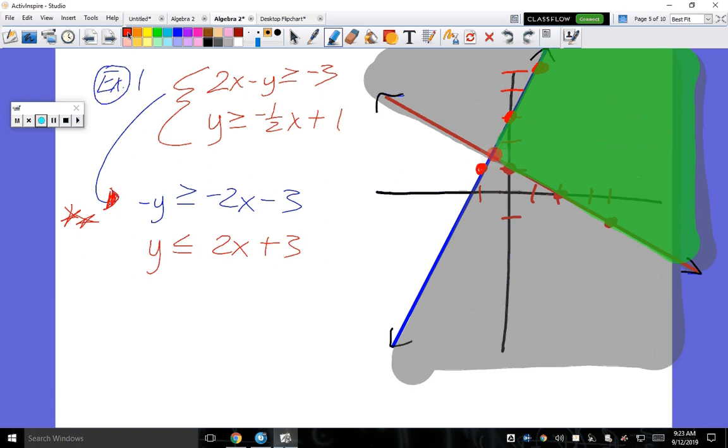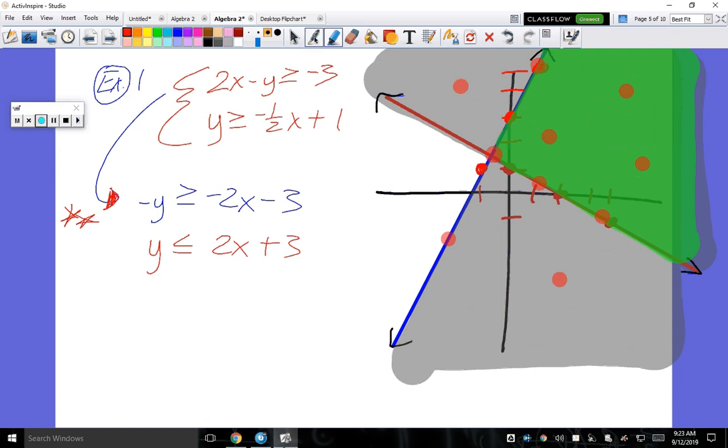Would this point right here where they meet be an answer? Yes. Would this be an answer? Yes. Yes. Yes. No. Yes. Yes. No. No. Okay, you're getting it. So the shaded regions and the boundaries are all answers.